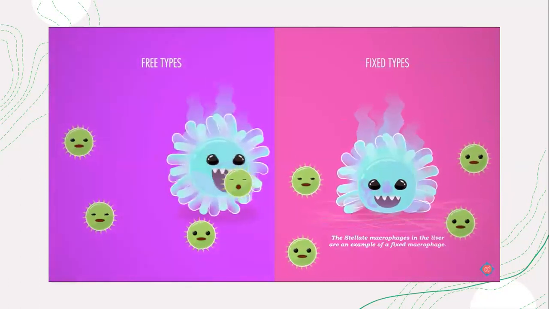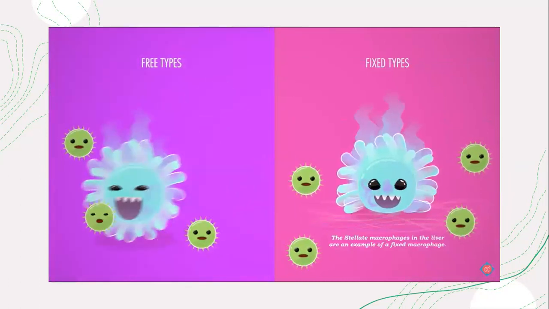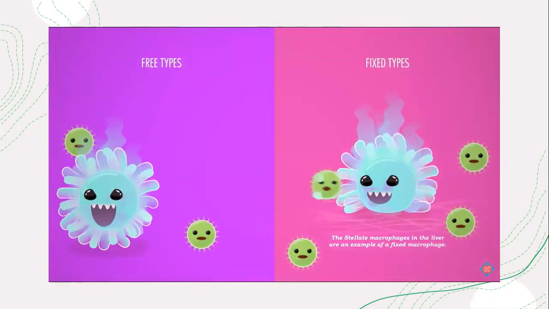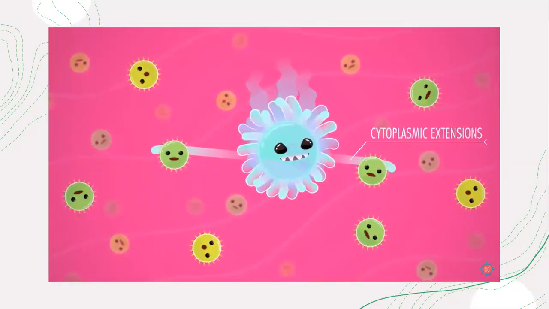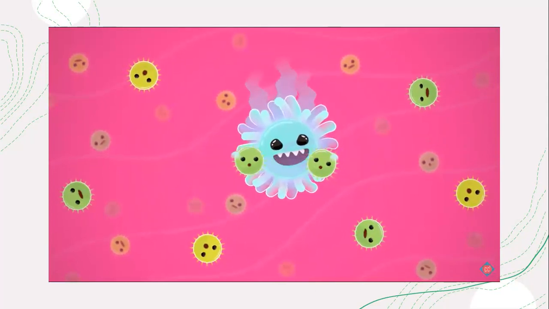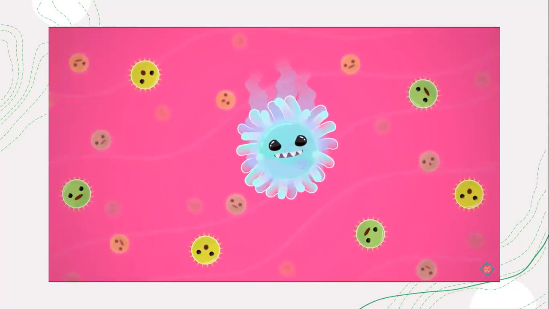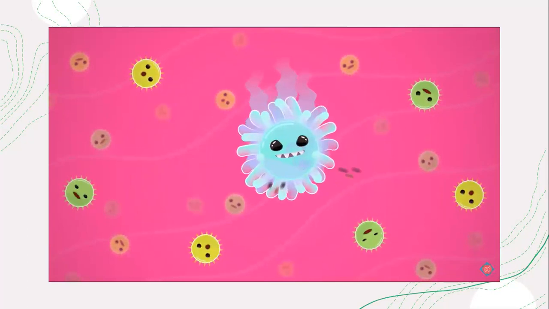Some are free types that patrol tissues looking for creepers, while others are fixed, attached to fibers in specific organs, devouring anything suspicious that passes by. So when a macrophage, in say the finger I just cut slicing a bagel, sees a new bacterium coming along, it snares it using cytoplasmic extensions, reels it in, completely engulfs it, and essentially digests it and spits the rest out. And unlike neutrophils, it can do this over and over again, like a boss.